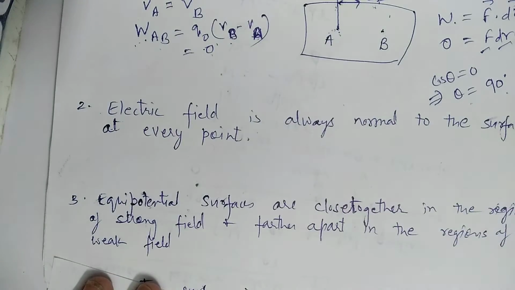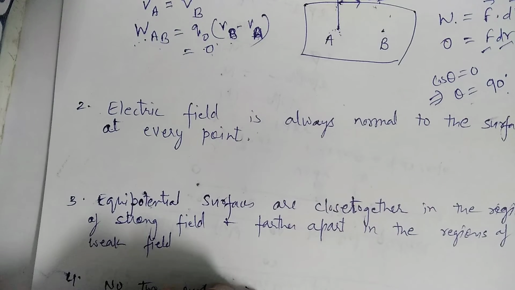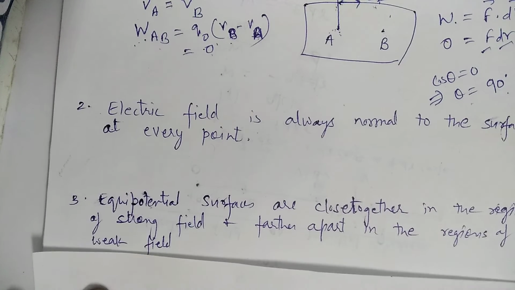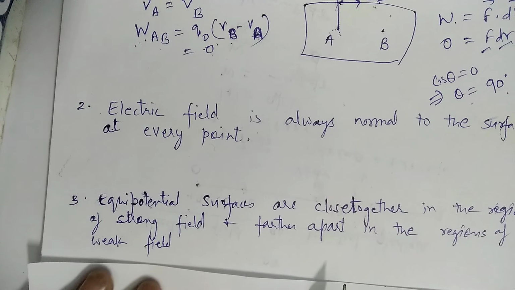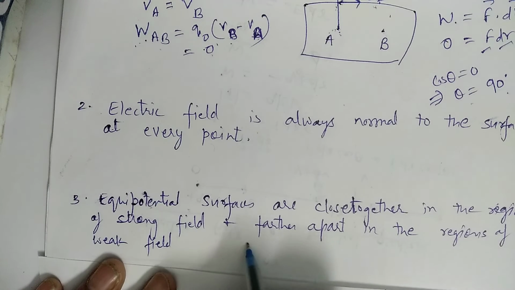So the electric field is always normal to the surface at every point. Now the third property is that equipotential surfaces are closer together in the region of strong field and farther apart in the region of weak field. This can be explained as follows.